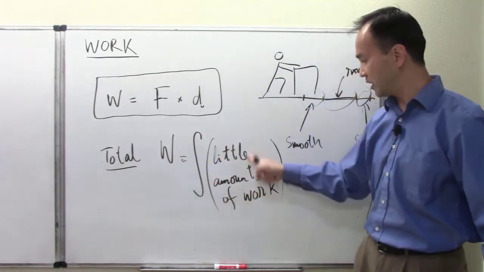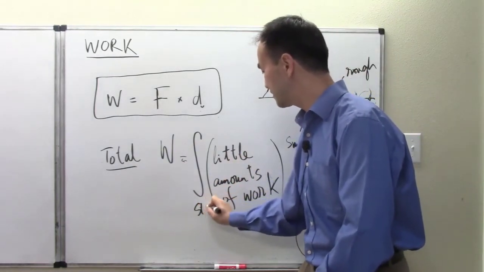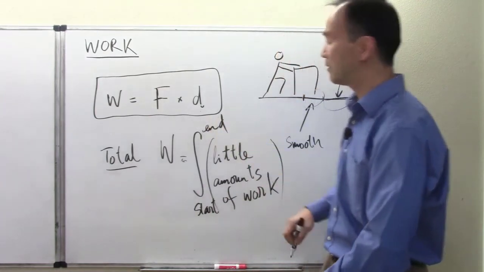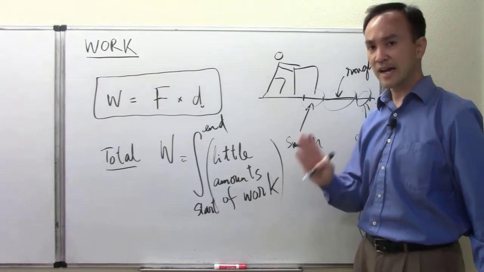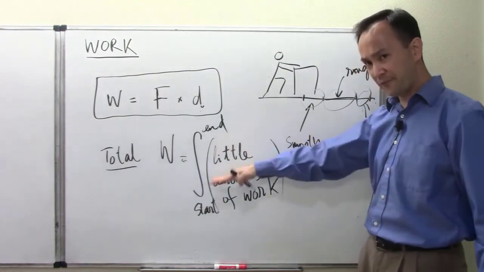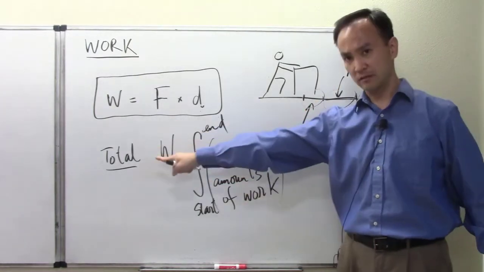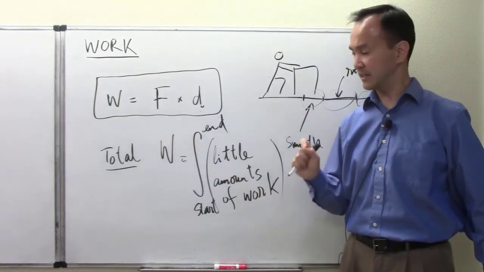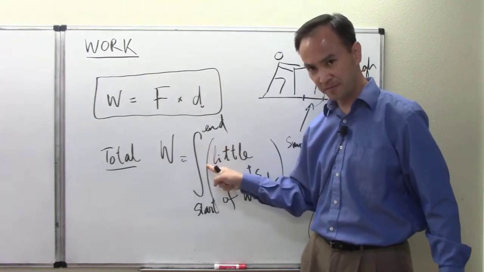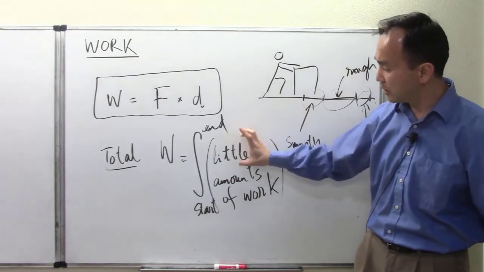Accumulation of all the little amounts of work, from where we start our pushing work to where we end our pushing work. Okay, so that's how I want any of my students or anyone studying with me to see that fundamental before we apply the definite integral to calculating total work. So before calculating total work, we first have to understand an integral is accumulation. And so here in this case, what are we accumulating? We're accumulating all the little amounts of work.